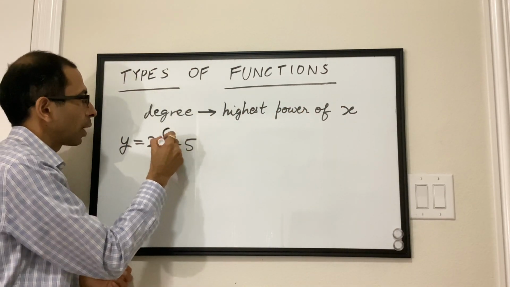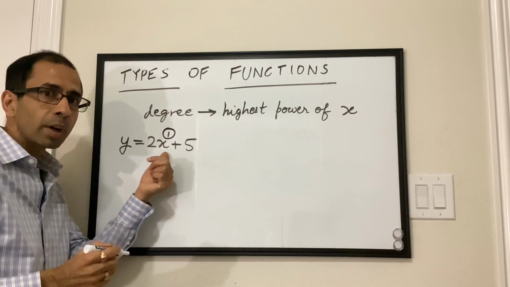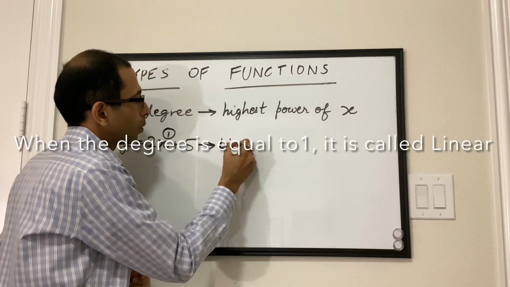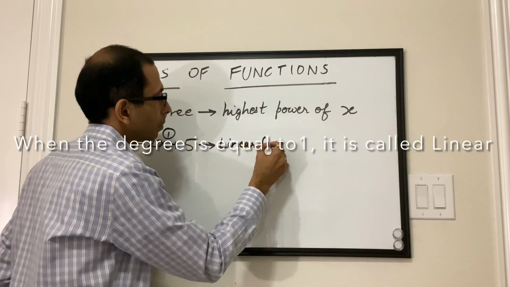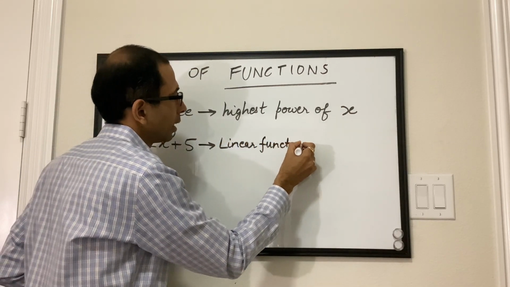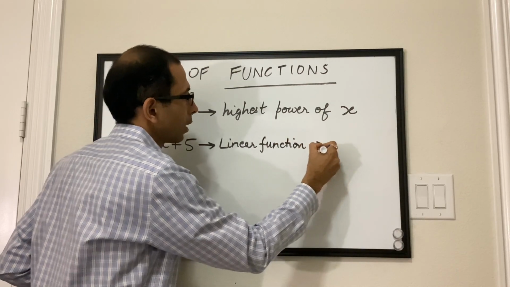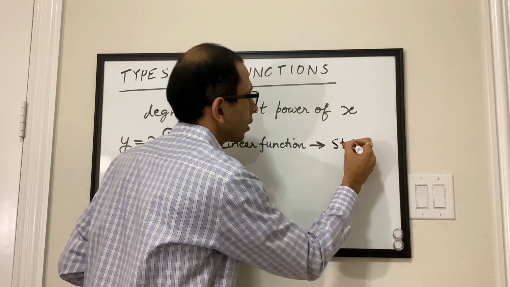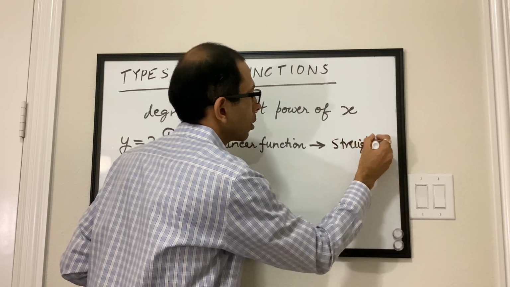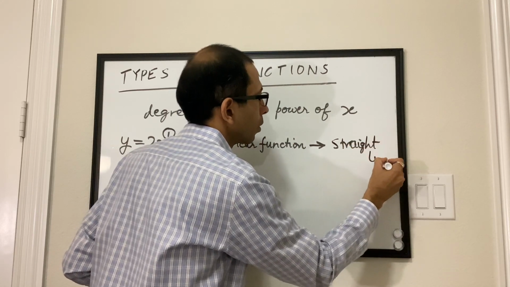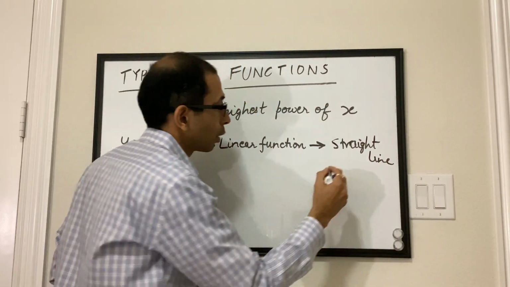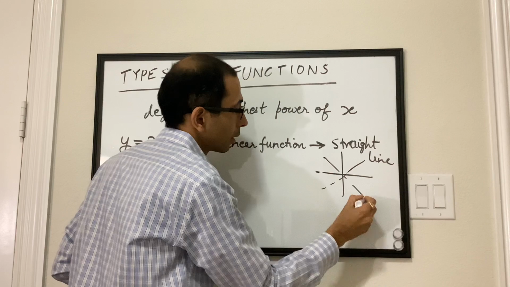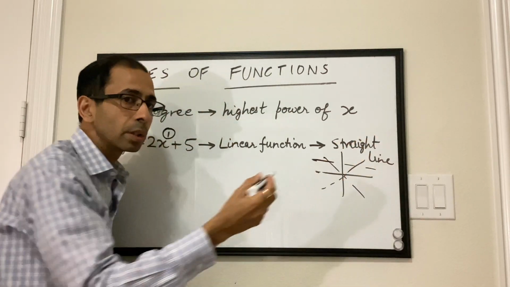So the point I'm trying to make is that when the degree of a function is 1, it is called a linear function. Okay? It's called a linear function. And the shape of the function would be a straight line. Now the straight line could be going like this, or like this, or a horizontal line, and so on and so forth.